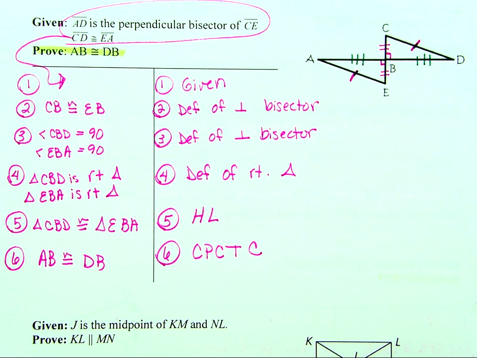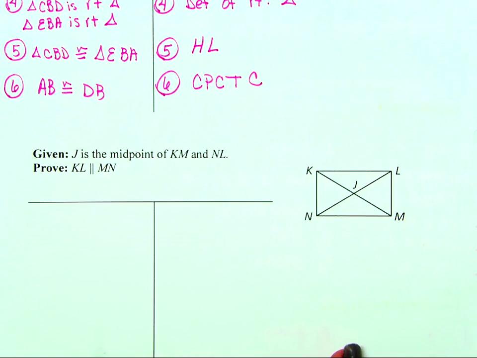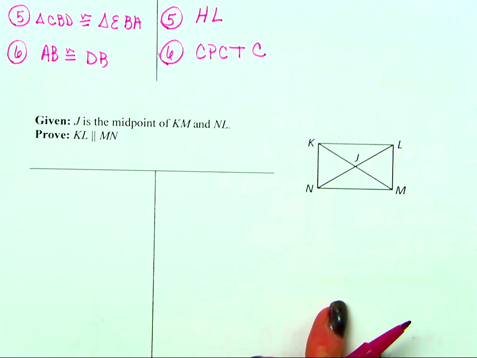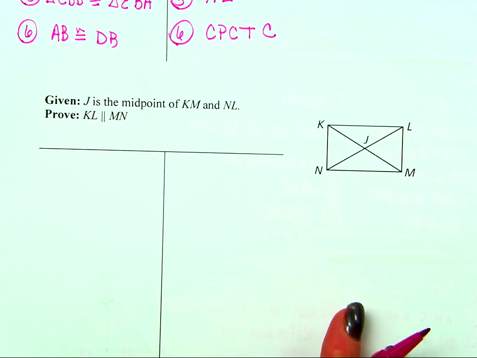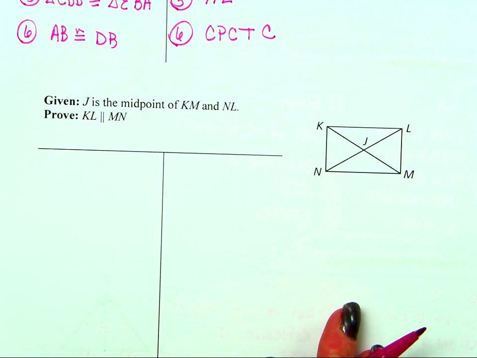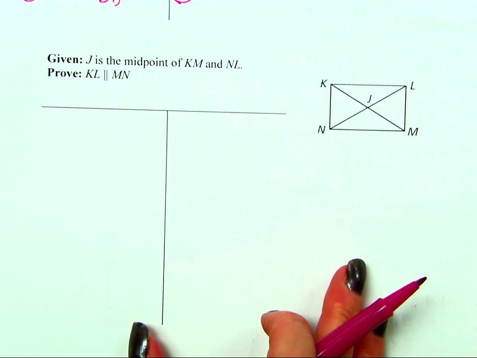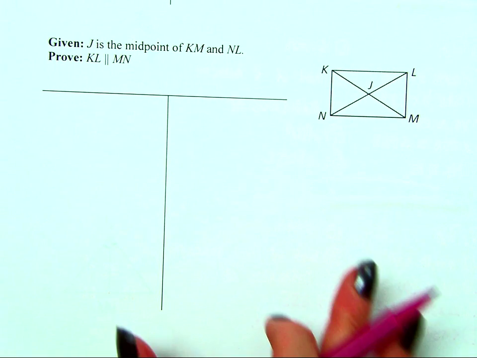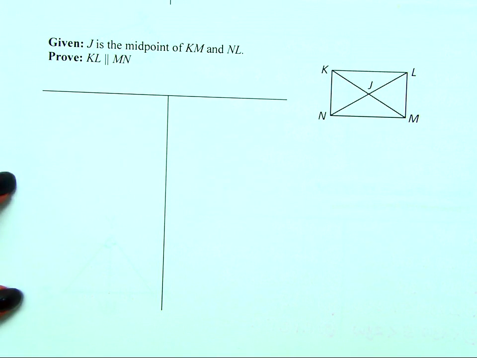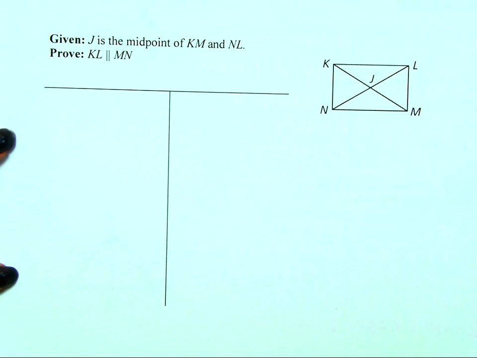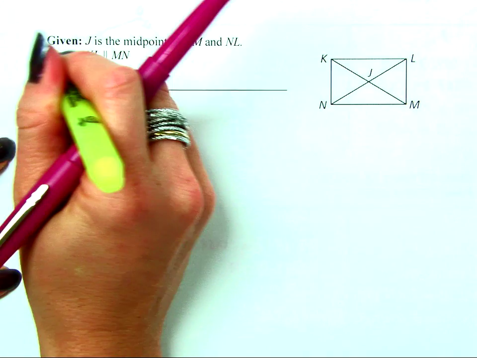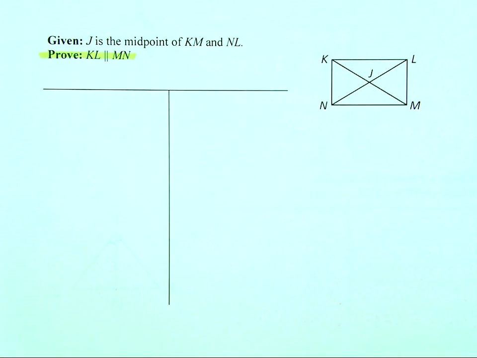Okay, one more. You'll notice the proof statement here. I'm actually trying to prove that KL is parallel to MN.